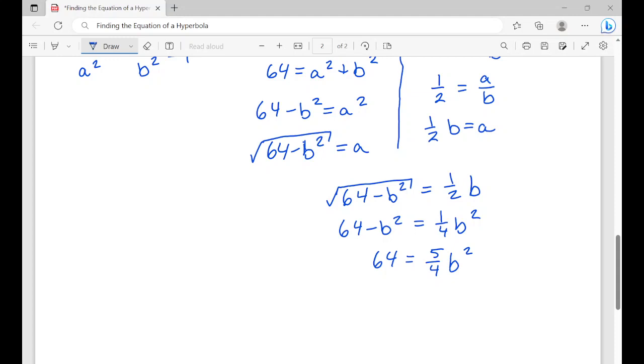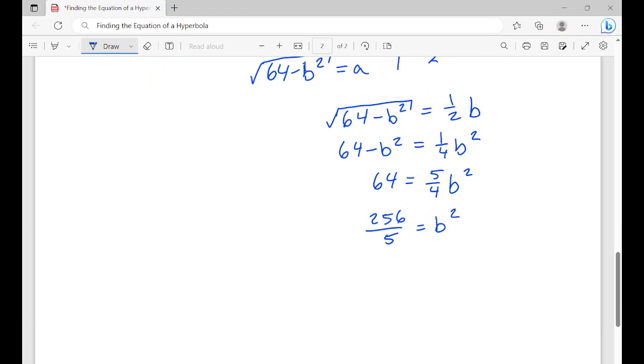And then from here I can multiply the 4 over and divide by 5, and that's going to give me 256 over 5 equals b squared. And then I can square root both sides, and I'm going to end up with 16 over square root of 5 equals b.